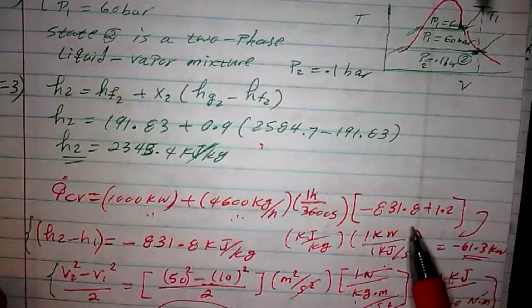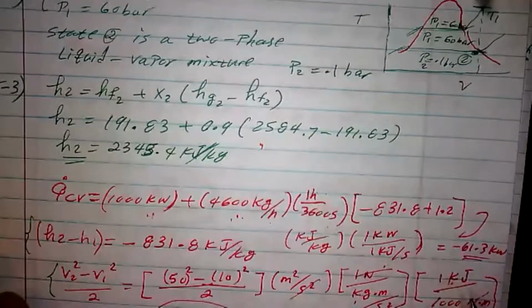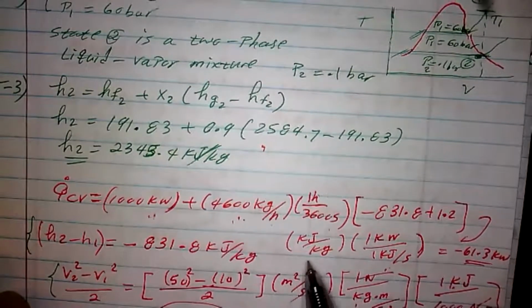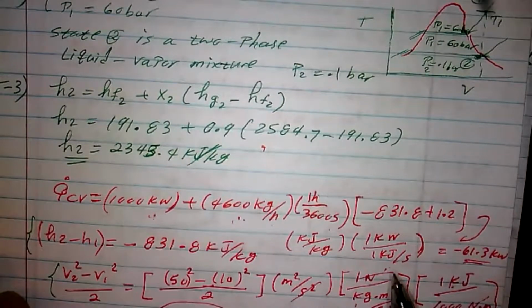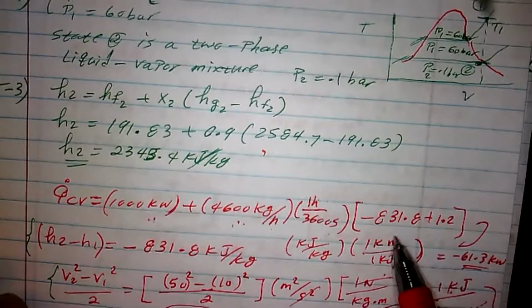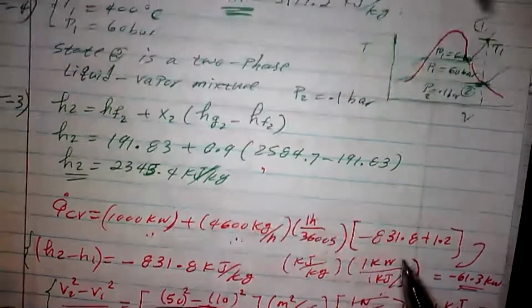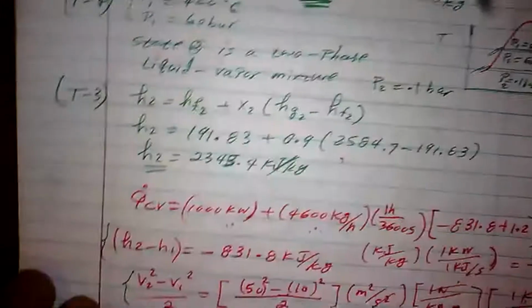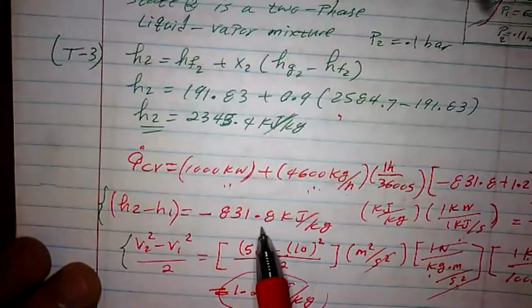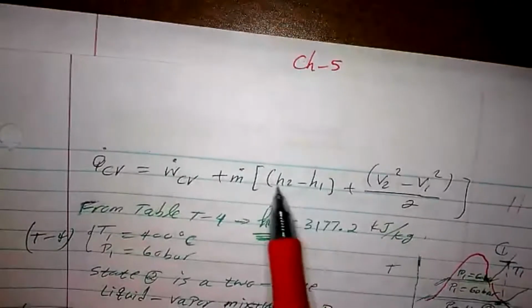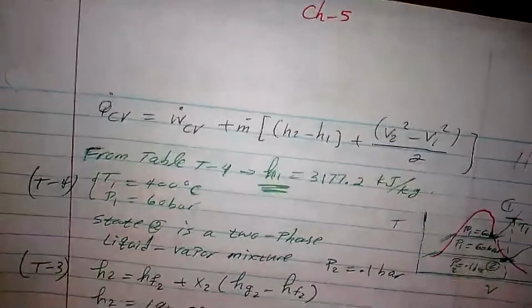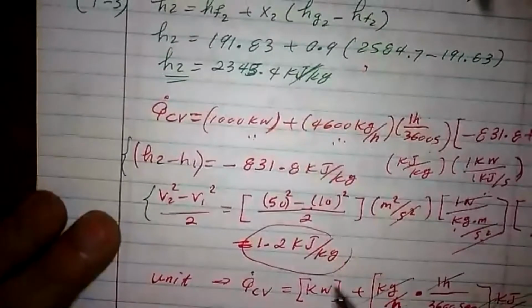And then here we have kilogram, okay, we got kilojoules. This is kilojoules per kilogram. And then we have the minus 831.8. That was the change in enthalpy, which we have already determined here. I'm substituting into this formula here. And then we're going to have the value for the kinetic energy, which is 1.2 kilojoule per kilogram.